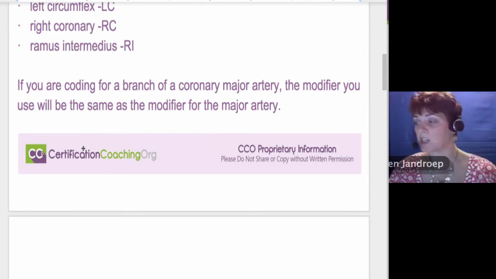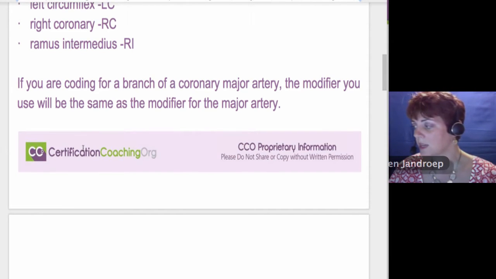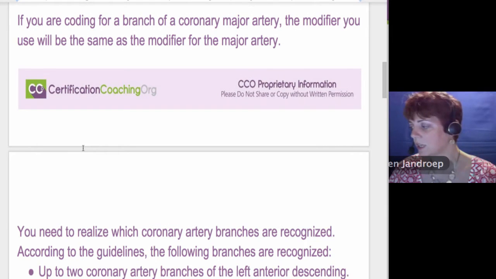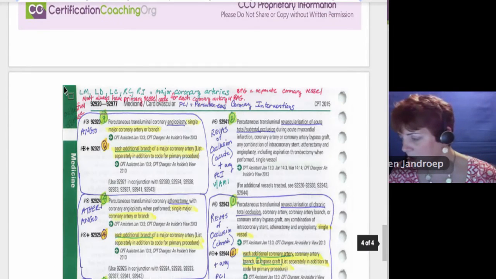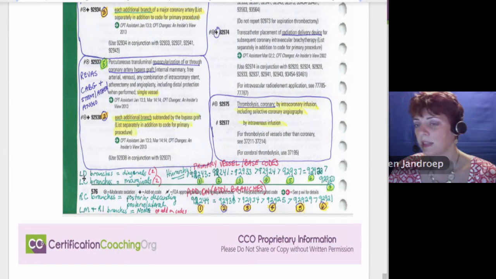Okay, so if you're going in a branch, and sorry for the scrolling, guys, I did write the branches on my cheat sheet here too. The left descending has 2 diagonal branches. The left common has 2 marginals. The right common has a posterior descending and a posterior lateral.